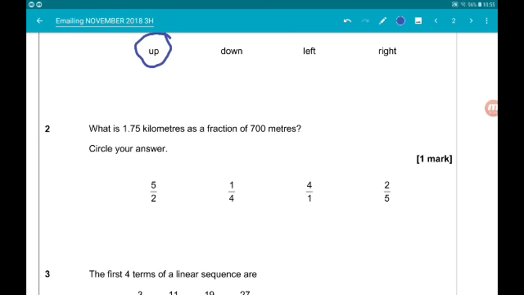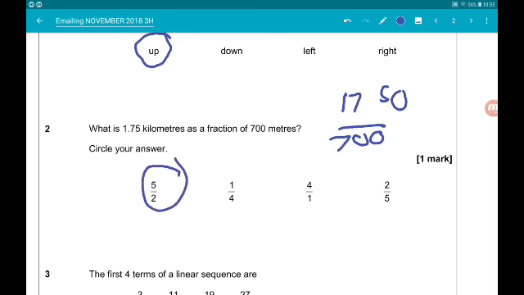So 1.75 kilometers, multiply that by 1,000 to get meters. So we get 1,750 over 700. Smash that in your calculator. It will simplify it to 5 halves.